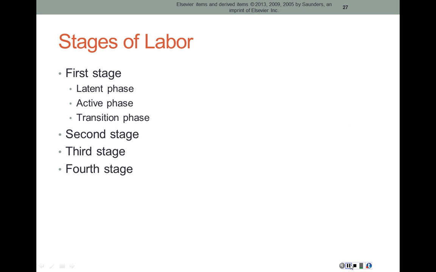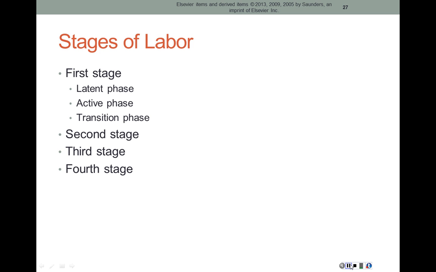The latent phase is when labor starts until mom has dilated to about 3 or 5 centimeters. The active phase is from 4 to 6 centimeters, and then the transition phase is 7 to 8 centimeters until complete dilation and effacement. And usually the transition phase is short but intense.